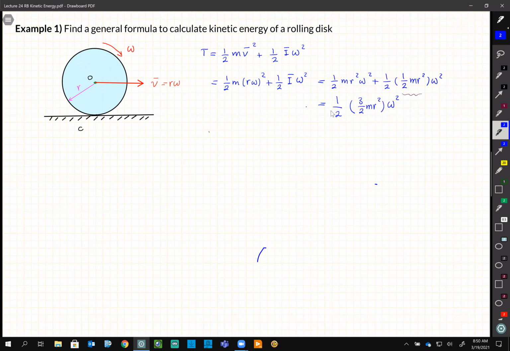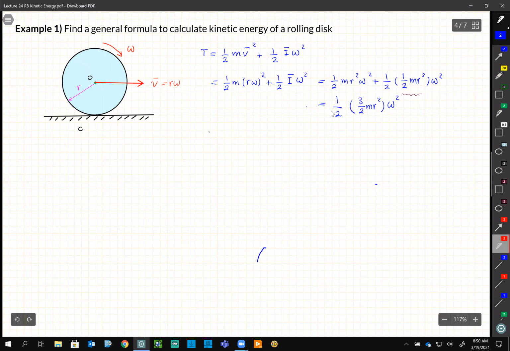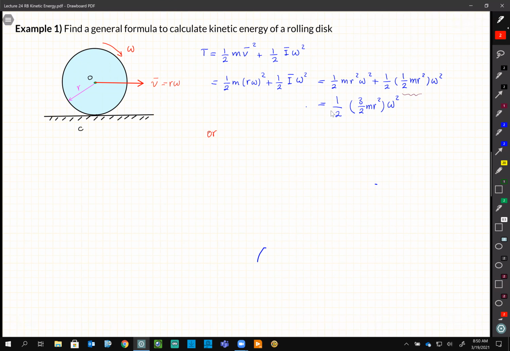I need just one more minute. Or you can write the whole equation like this. T is equal to 1/2 m v squared plus half of I bar omega squared.